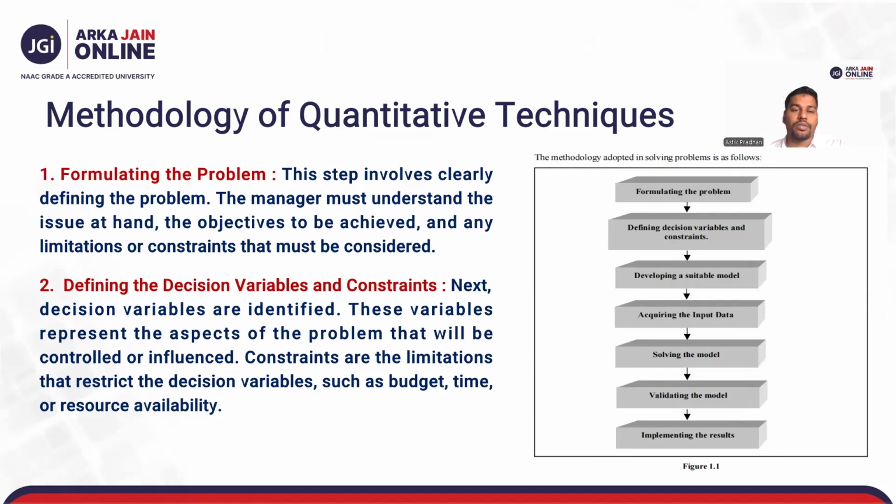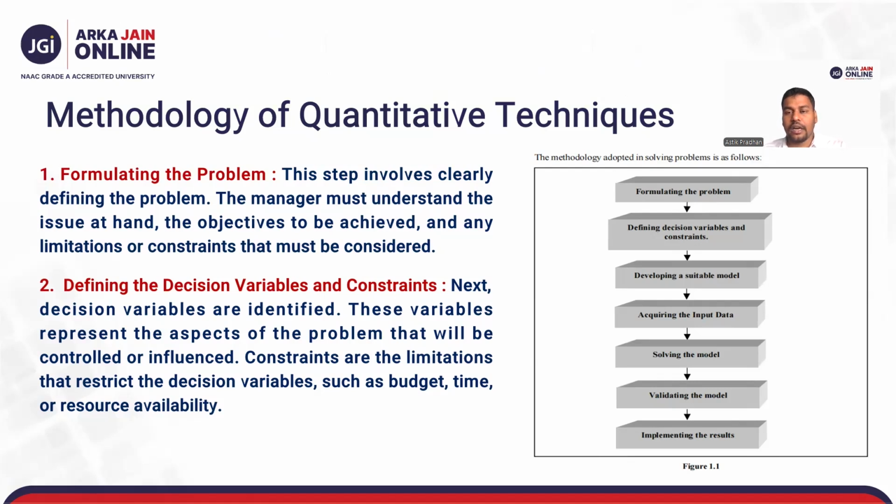Decision variables represent the aspects of the problem that will be controlled and influenced. Constraints are the limitations that restrict the decision variables, such as budget, time, or resource availability.